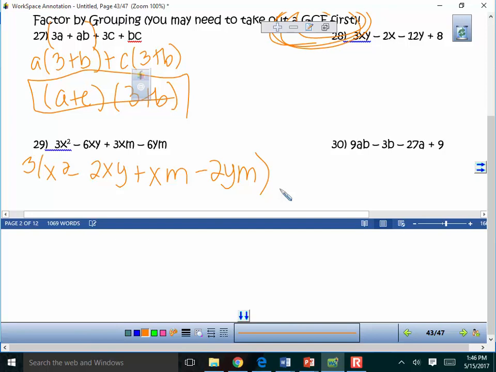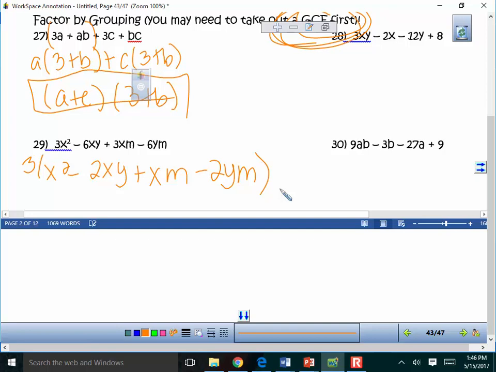So, wait, Nick, all we did was factor out the GCF. Why are you just saying grouping? Because it tells you in the directions that you need to factor out the GCF first. I'm giving you instructions. The instructions are always to factor out the GCF first.